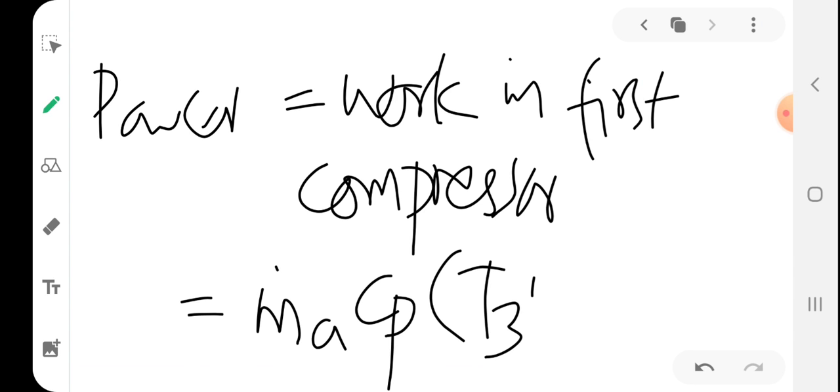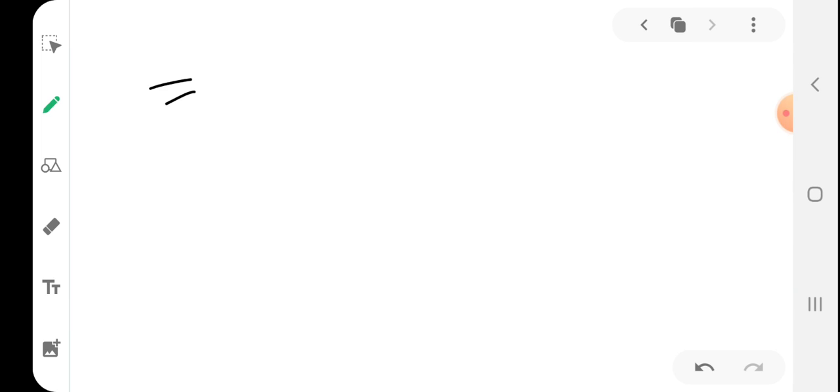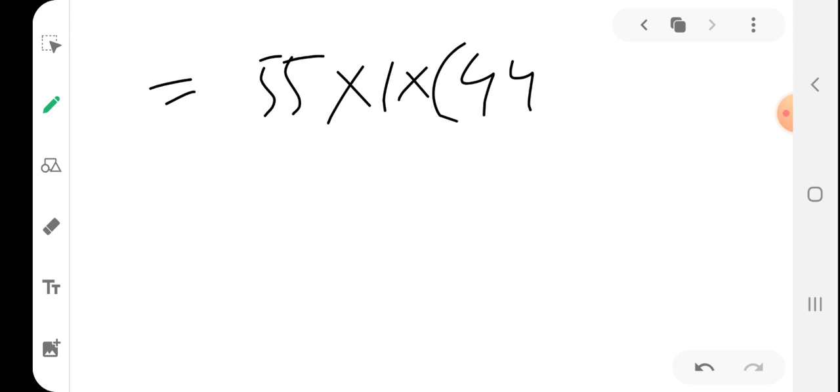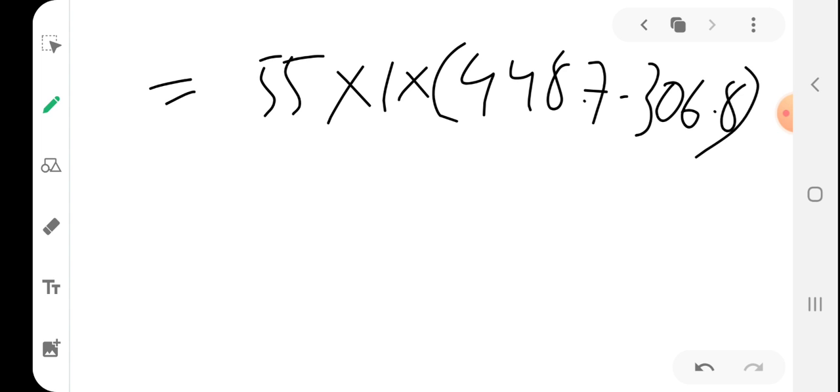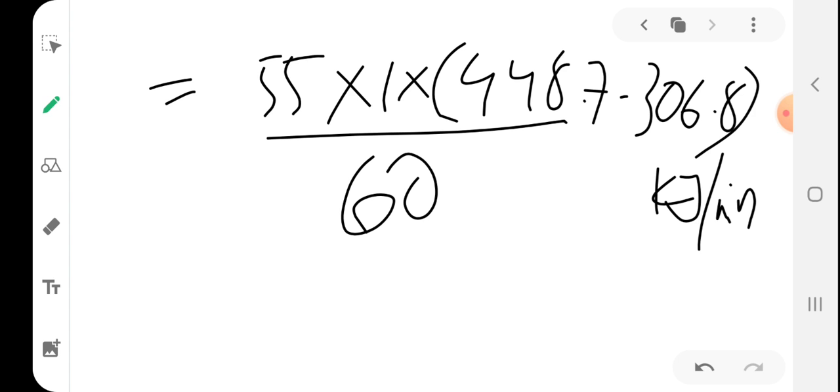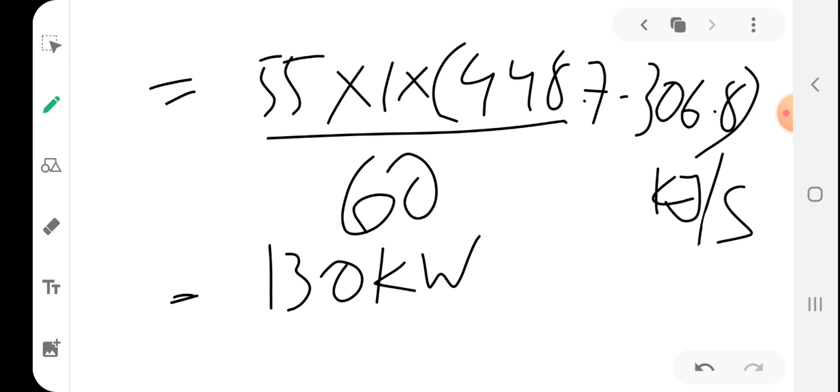If you substitute, it will be 55 into 1 into (448.7 minus 306). This will be in kilojoule per minute, but we require kilojoule per second, so divide by 60, and it becomes kilojoule per second or kilowatts. This value will be around 130 kilowatts. Kilojoule per second is kilowatts, and kilojoule is coming because Cp is in kilojoule per kilogram.